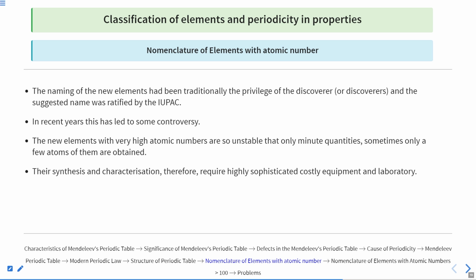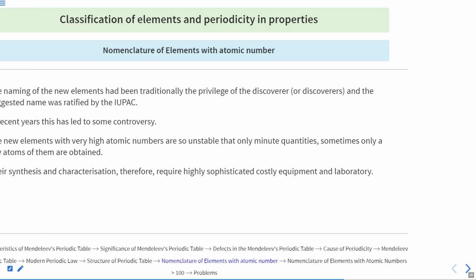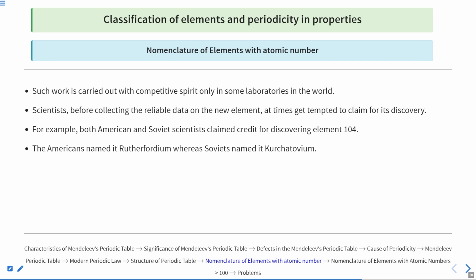So, although the old elements had the liberty of naming the elements after the discoverer, nowadays IUPAC has regulated some norms, and according to the norms they are named. So we will see that IUPAC nomenclature also.